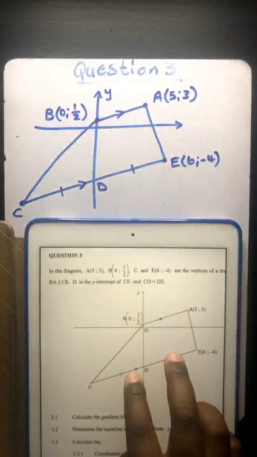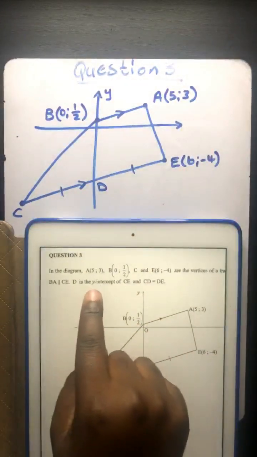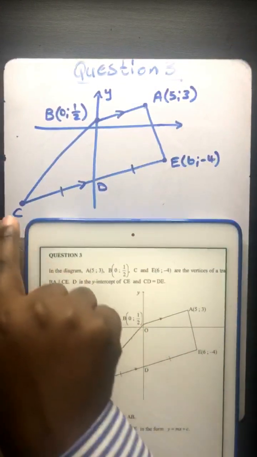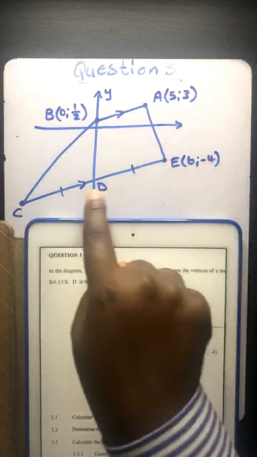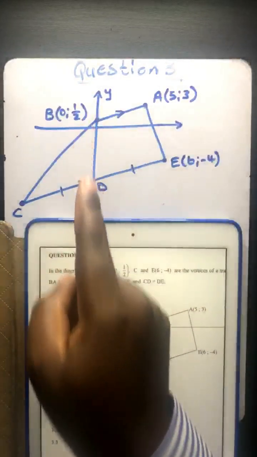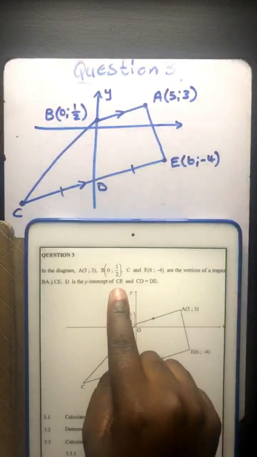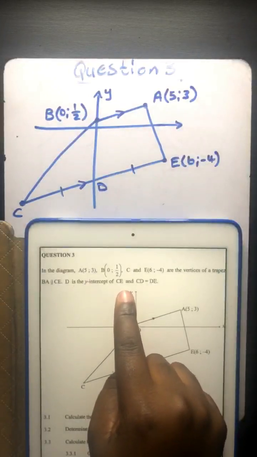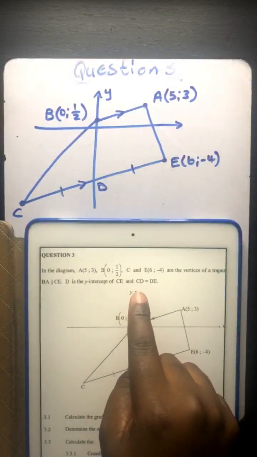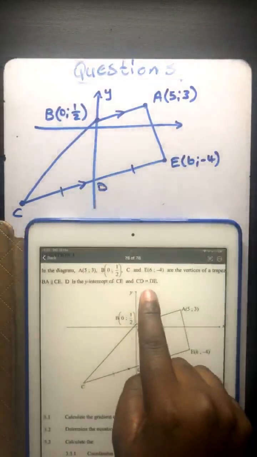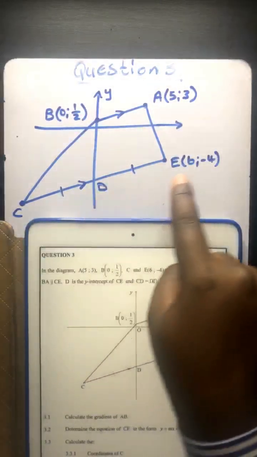Okay, that makes sense. D is the y-intercept of CE. There is CE, there is D, and it is the y-intercept. And then also CD, this is CD, they say it is equal to DE.